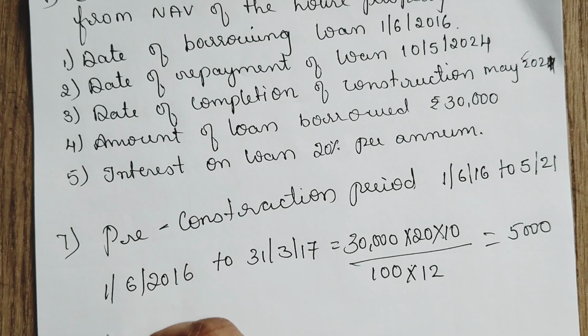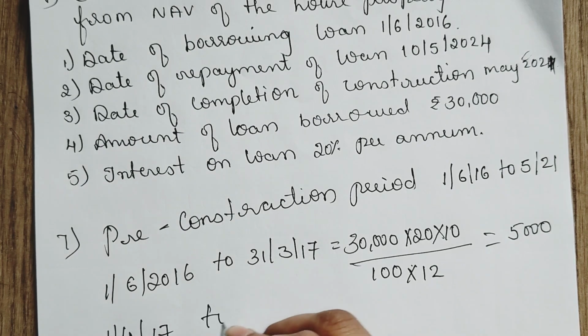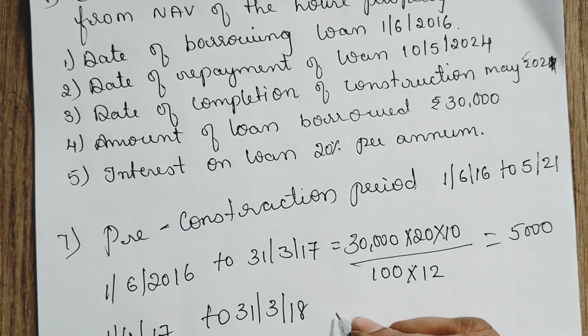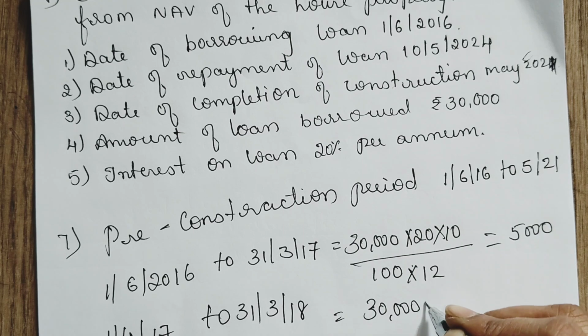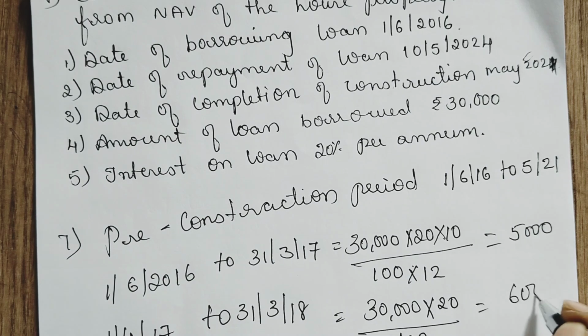Then 1st April 2017 to 31st March 2018, the accounting period, 30,000 into 20% by 100, 6,000.